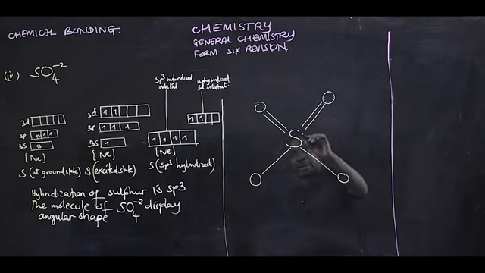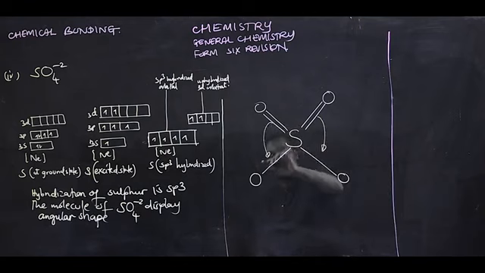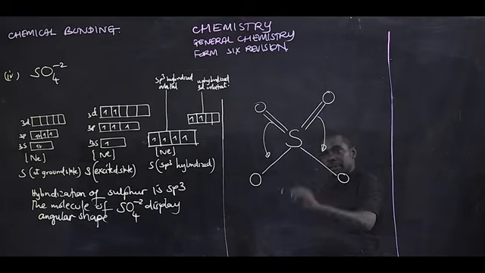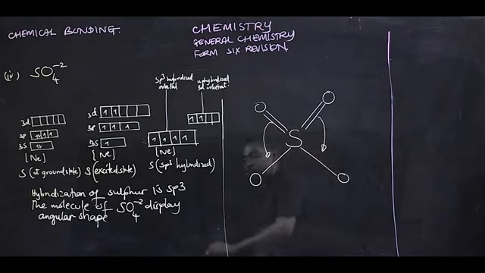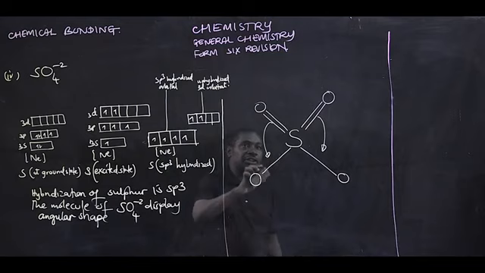According to valence shell electron pair repulsion theory, the double bond exerts a greater repulsion force upon the sigma bond electrons. As a result, the sigma bond electrons move far away from the double bond, and the sulfate ion has an angular shape.